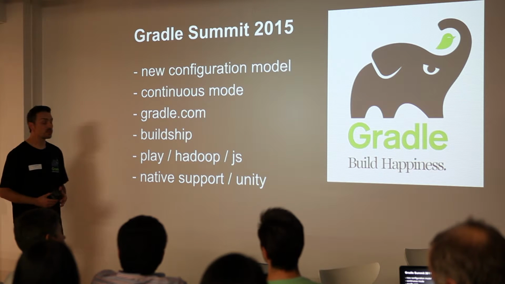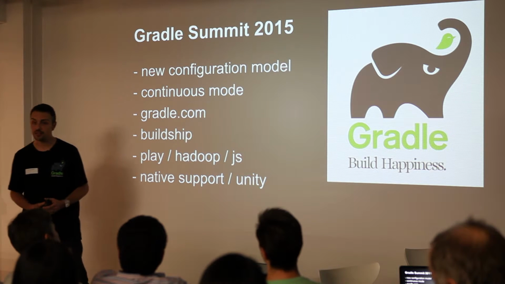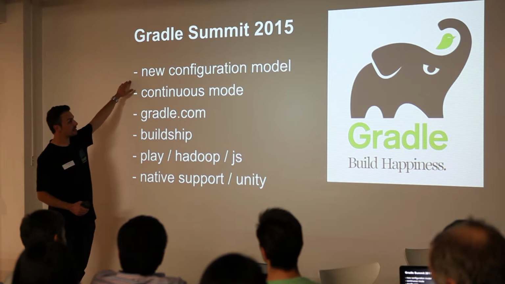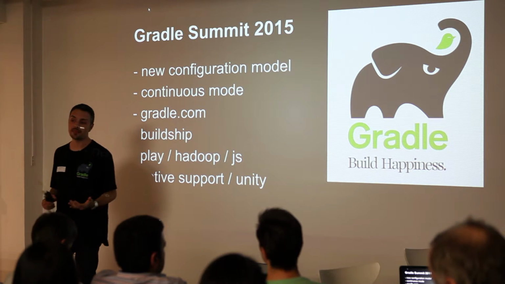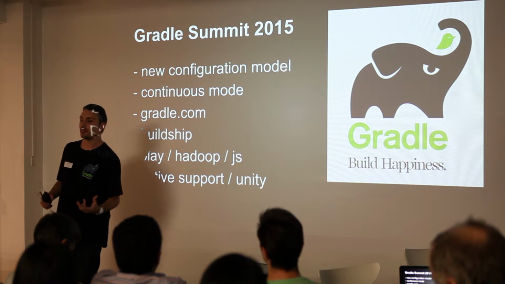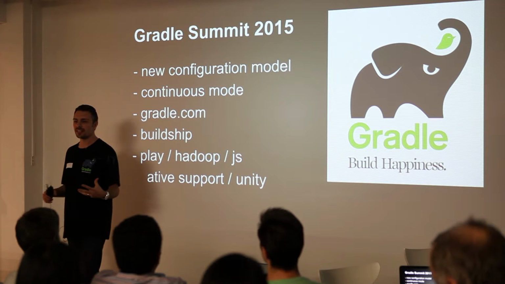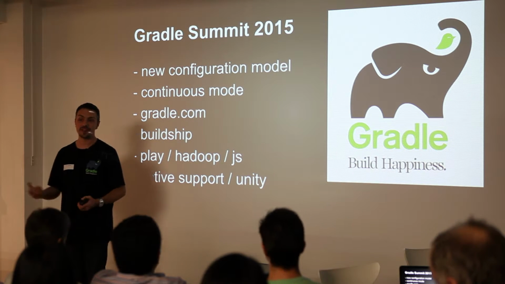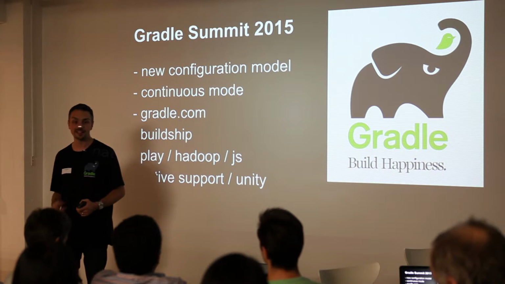We also announced this thing called Gradle.com. Because of this new configuration model, we get the ability to look at what you're doing and understand your builds a lot better, because we're modeling things a lot more closely. And because of that, we can start giving you analytics about your builds and how long things take.